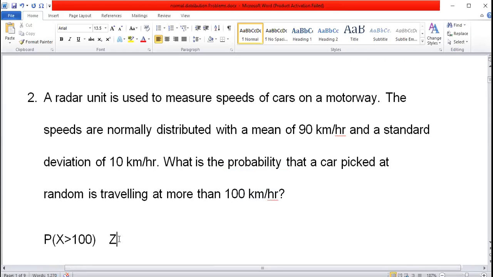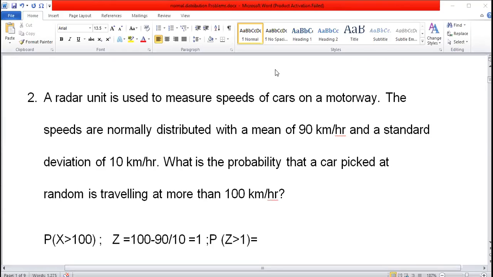Z equals 100 minus 90 over the standard deviation, which is 10. So what do you get? 1. So basically what you are looking at is the probability that the value is greater than 1. Which area are you looking at? From the right-hand side, after 1.